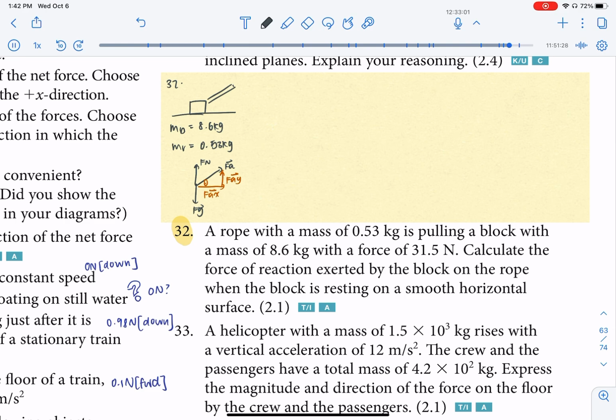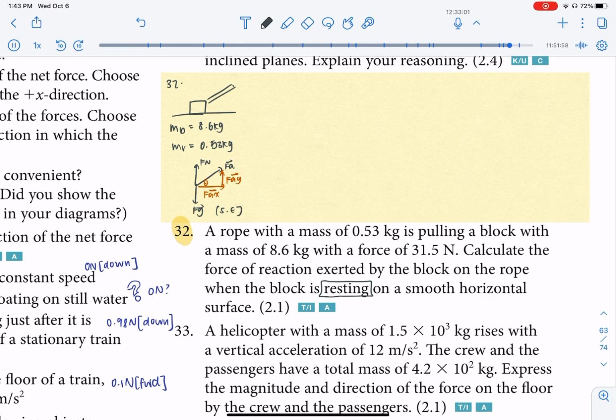So for this question here, you have a box. It is accelerating, that's what it says. It would be decelerating. Yep, that's correct. So my velocity would be going this way, but my acceleration is going to be going that way.